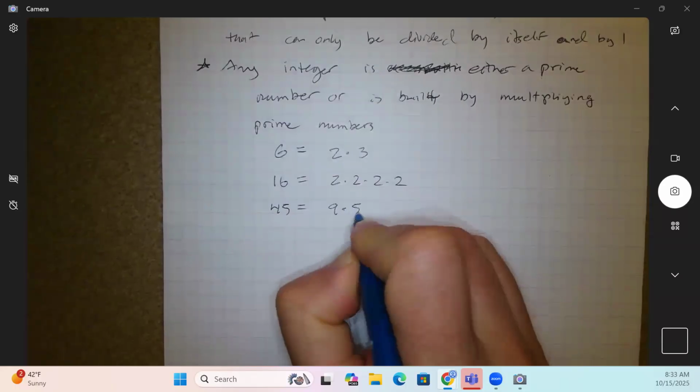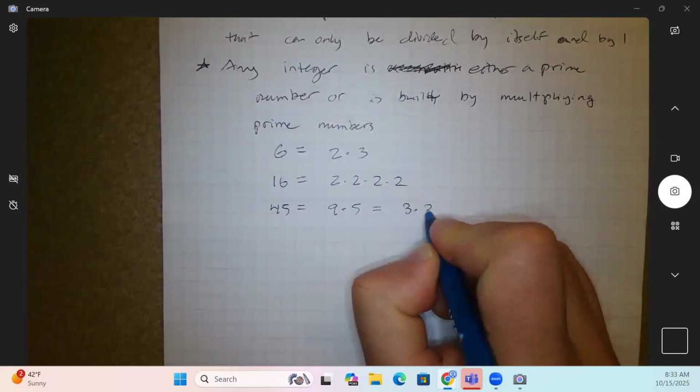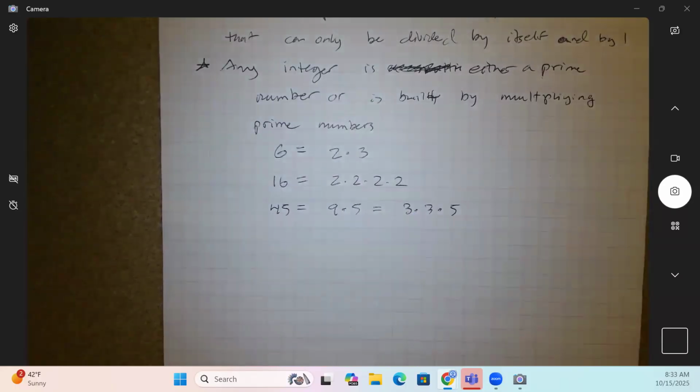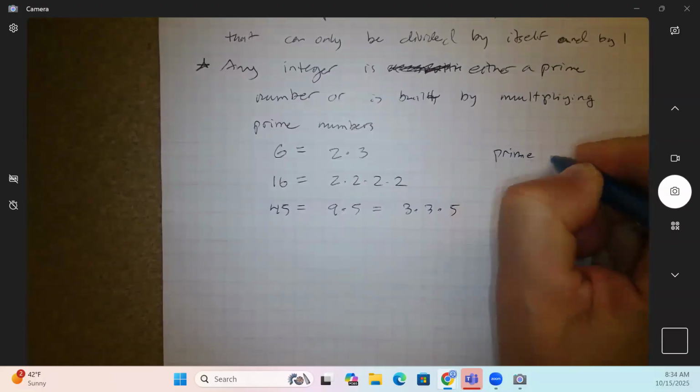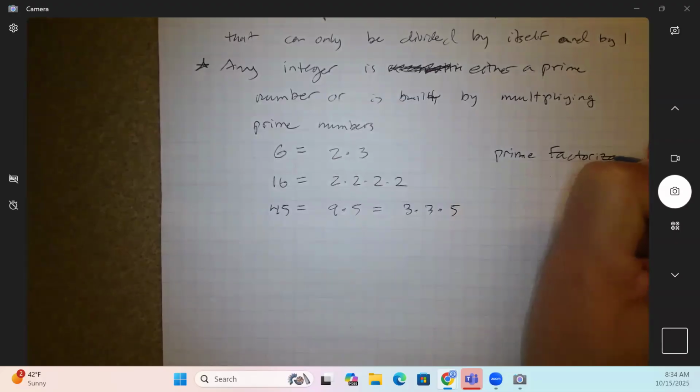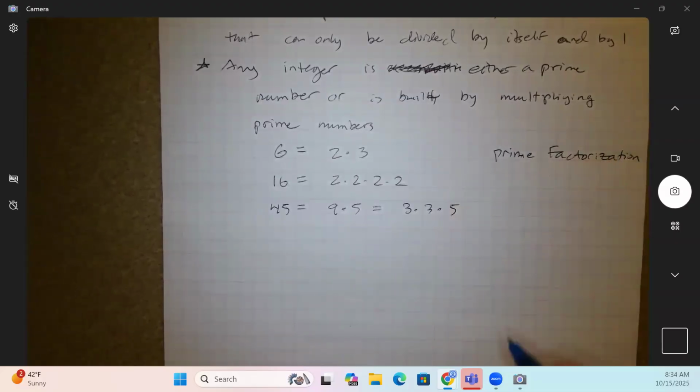Well, that's 9 times 5, but 9 itself is 3 times 3. So it's 3 times 3 times 5. When I write a number as a multiple of prime numbers, this is called the prime factorization.